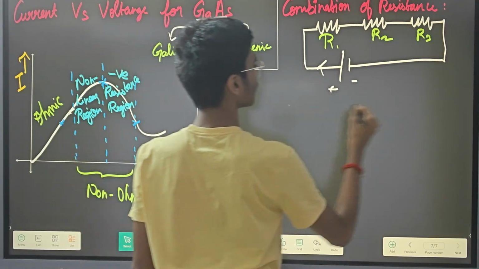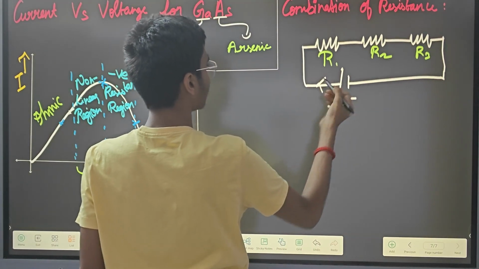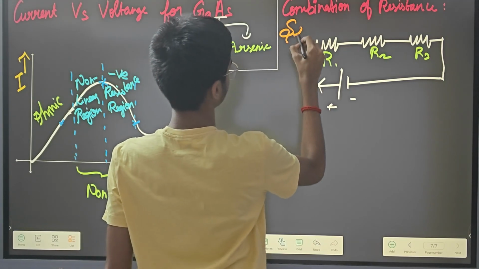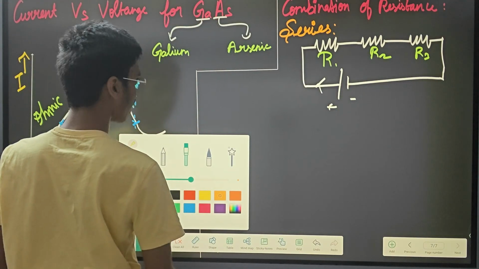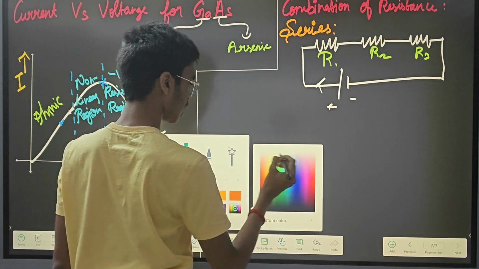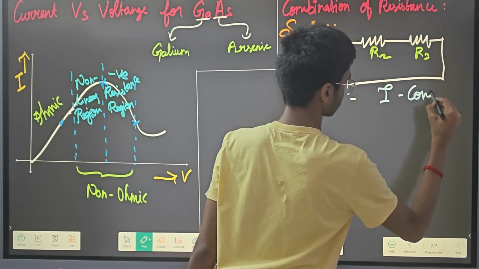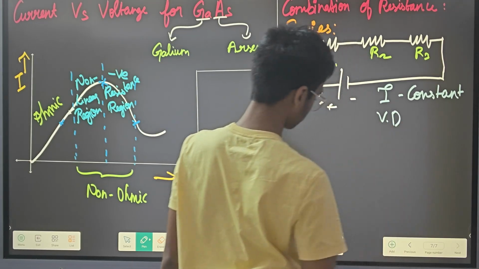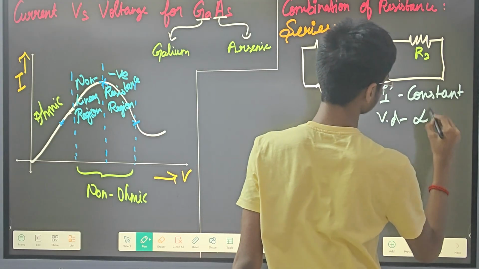This is a series connection. I is constant, and here the potential difference V is different.